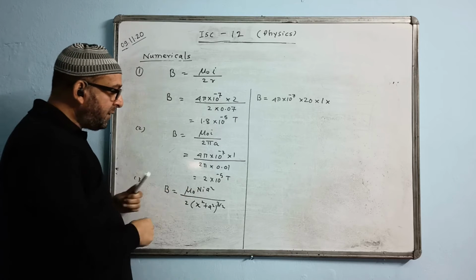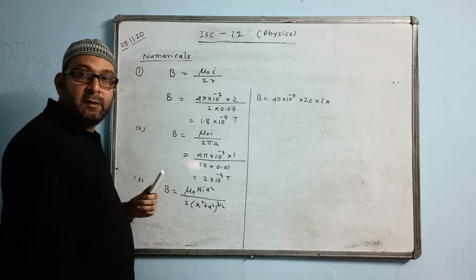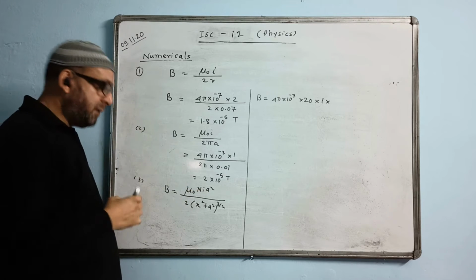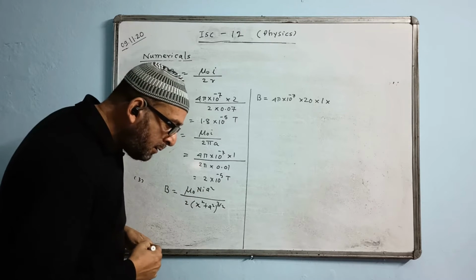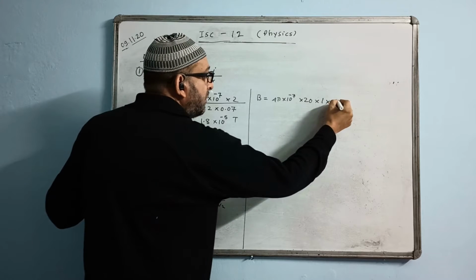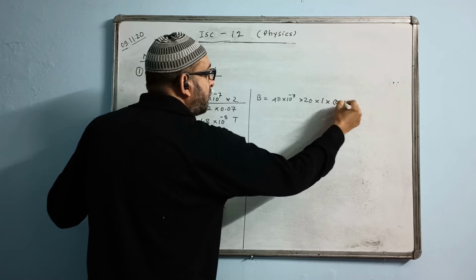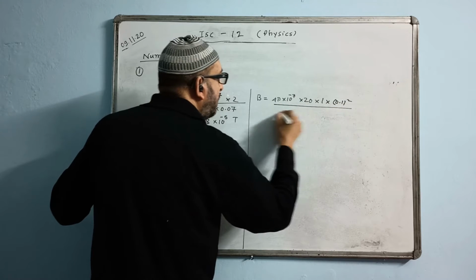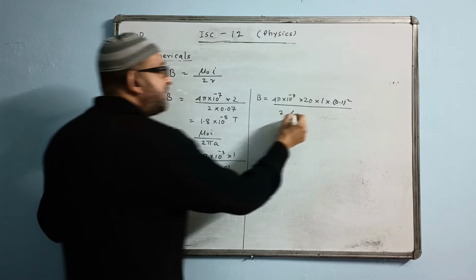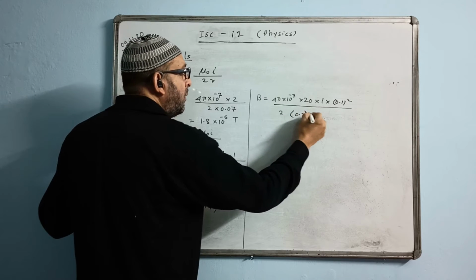Remember, in this formula, A is the radius and x is the distance. If you check the derivation of the formula, there we find A is the radius. Radius is given 10 centimeter, that is 0.1 meter, squared, upon 2 times bracket. X is the distance, given 20 centimeter, that is 0.2.